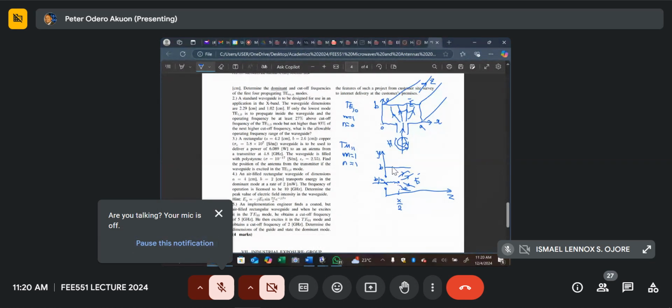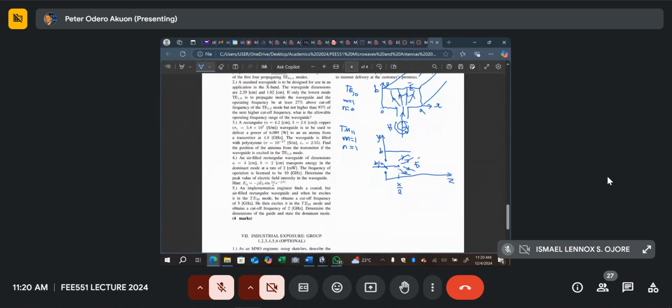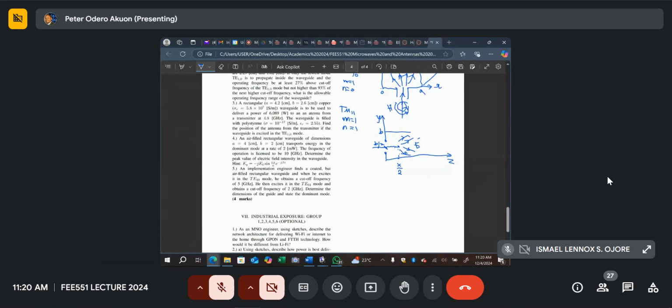What about the variation? How do you show the field variations that we are talking about? We can also get another mode like maybe TM22 or 23 or 32. So let's say you want to view these field variations.